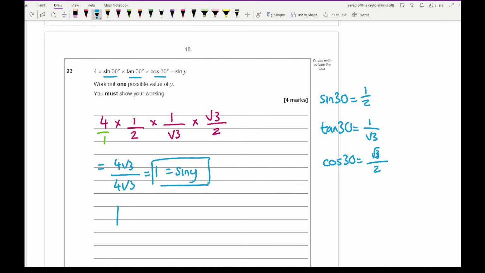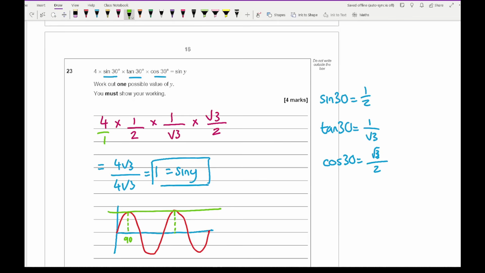Then if I look at the sine graph, which is another topic, we know that sine starts at 0. And where it hits 1 is at these values here. So it's either going to be 90 and the next one is where we're adding on 360.